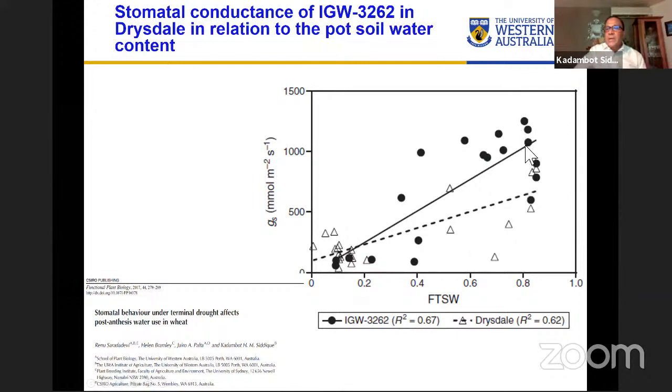So you can see that how the IGW3262 completely opened its stomata and it collapsed very rapidly as the drought came. Whereas in the case of dry tail, it was more conservative. It was able to sense the drought will come. So it was able to use water sparingly and had a grain filling. So again, this sort of studies came out of that experiment which I showed.